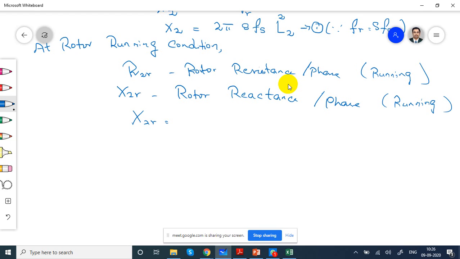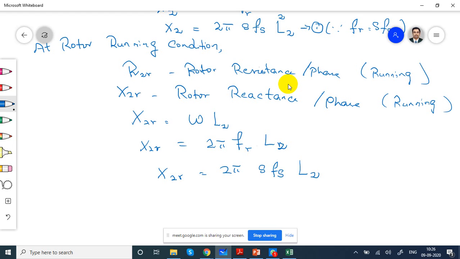So X2R equal to, in the same way, omega into L2, where omega equal to 2 pi fr. So X2R equal to 2 pi s into fs into L2.